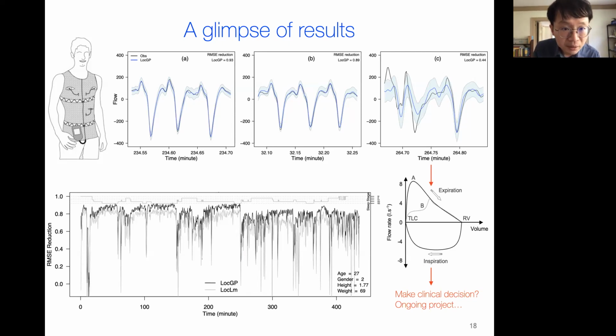The black curve is the true signal, and the blue curve is the predicted mean using our Gaussian process approach. And the gray layer is the credible interval.